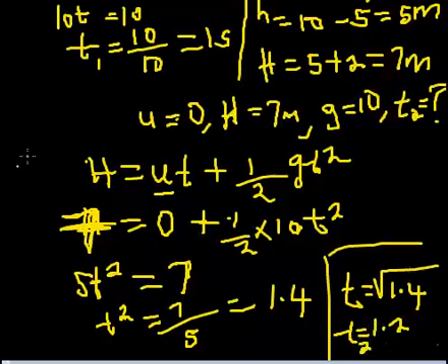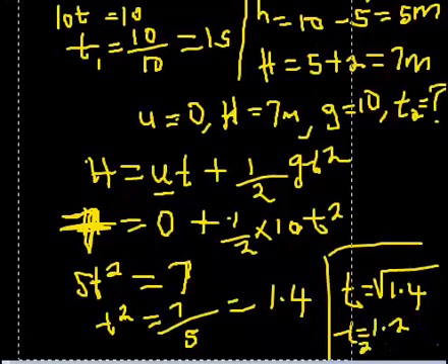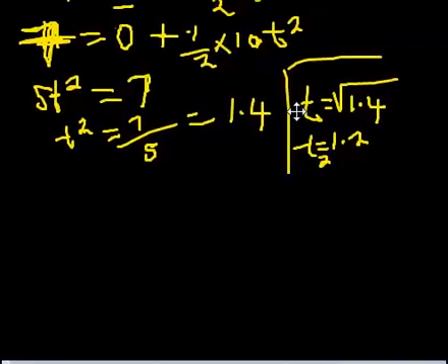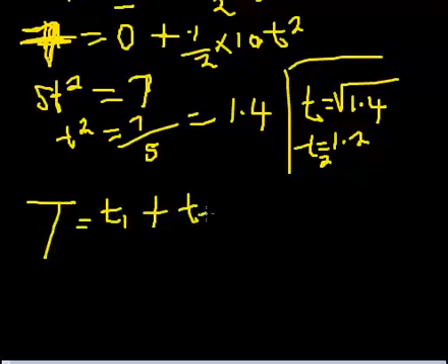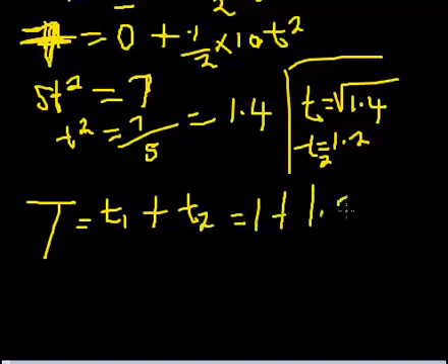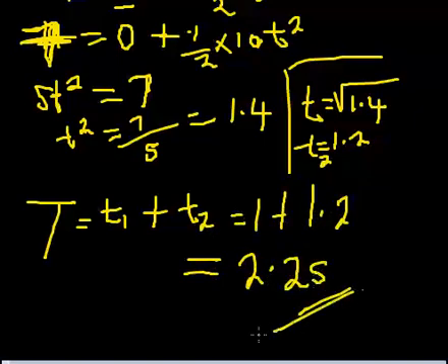So my total time of flight, capital letter T, is going to be equal to what I had in T1 plus this T2 now at the bottom, which of course is T1 was 1 plus T2 1.2. So everything gives me 2.2 seconds. I hope that is well understood.